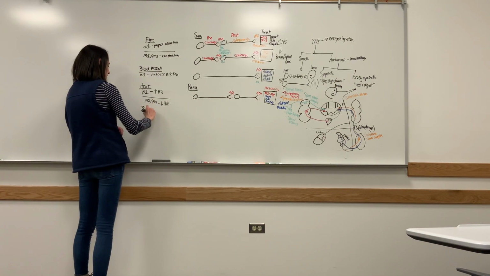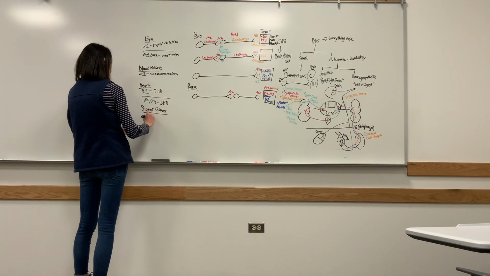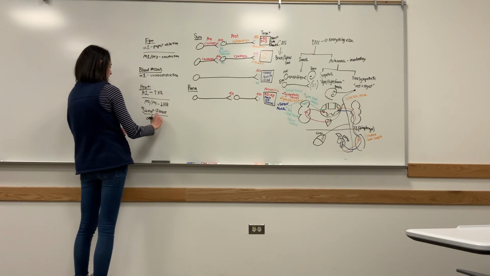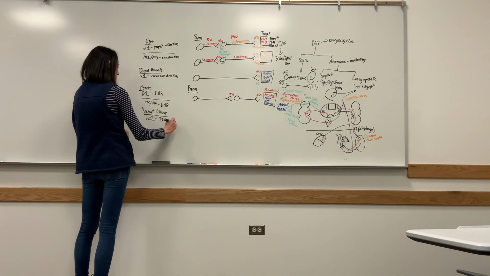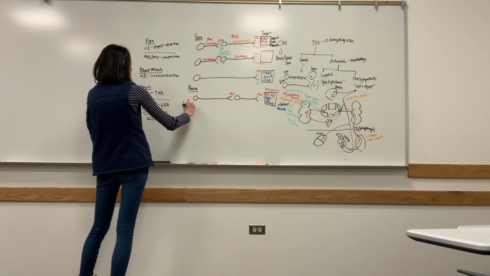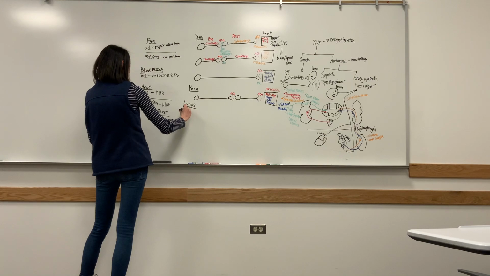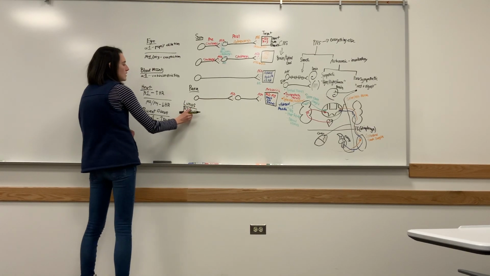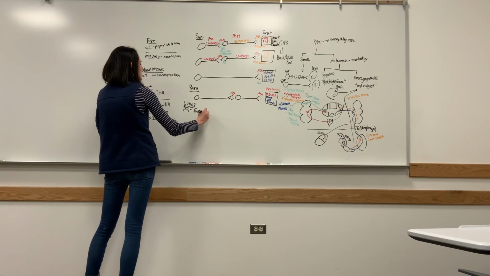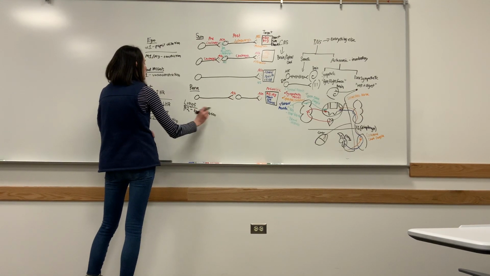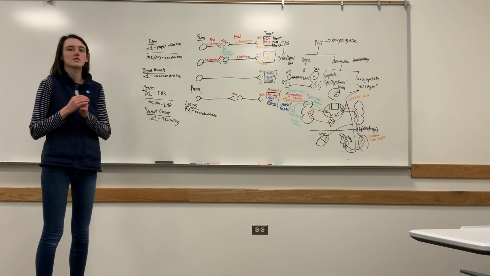Then we will have our sweat glands, which will be affected by alpha-1 to increase sweating. And then we have the lungs, which will be beta-2, and that's responsible for bronchodilation. And that is it for my discussion on SA3.